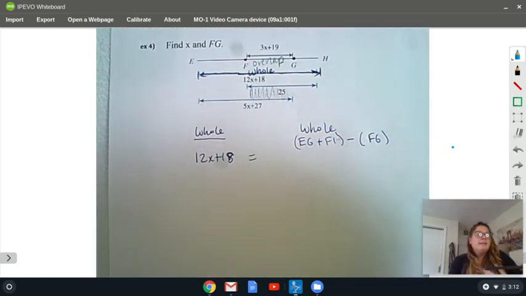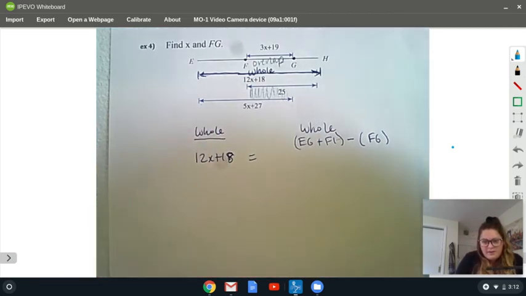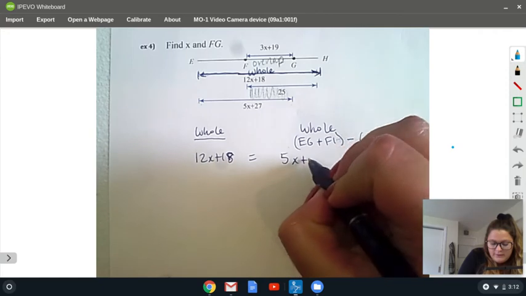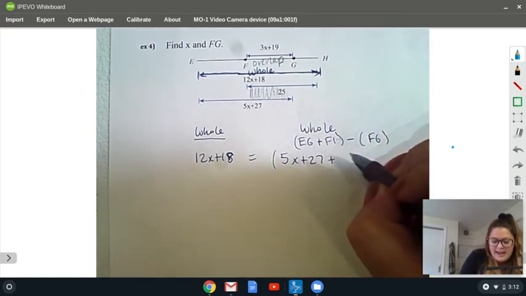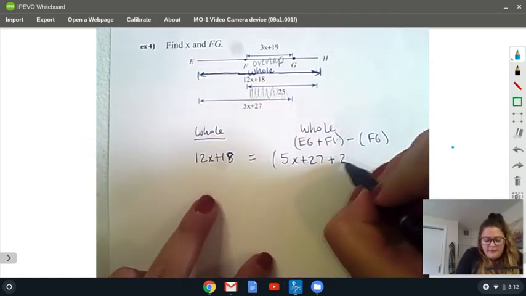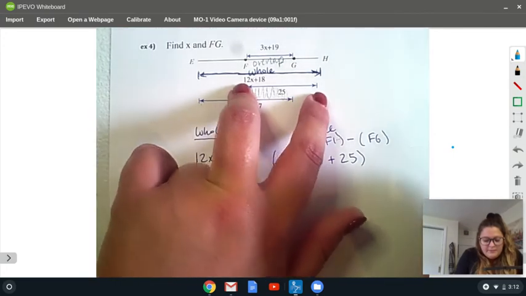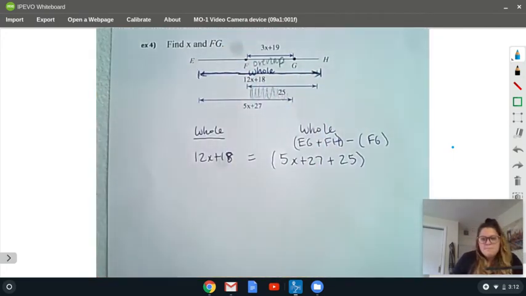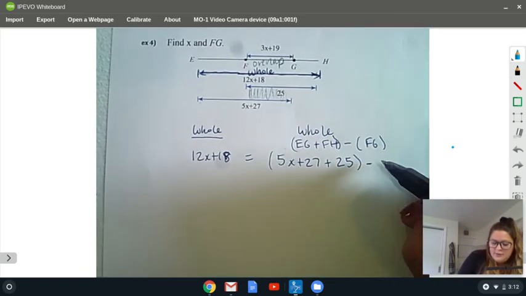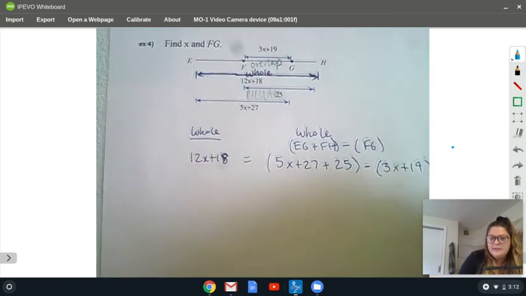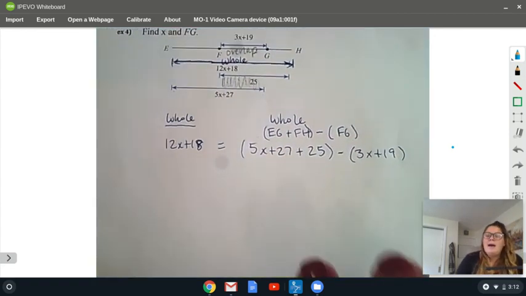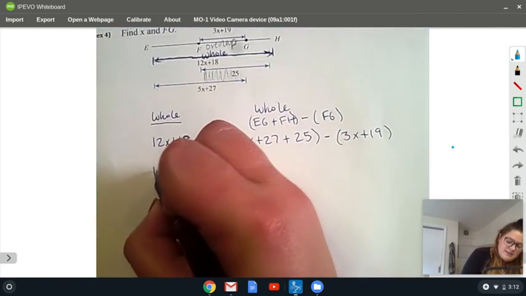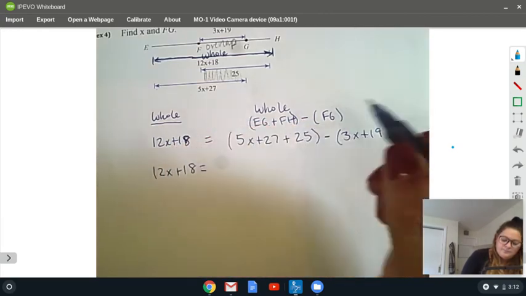Now, that's writing it in segment terms. I'm going to do it mathematically now. So EG is 5x plus 27. And I'm going to add to that 25, which is my FH. Wrong letter. FH. And then I'm going to subtract my overlap of FG, 3x plus 19. And now I got a lot of math to do on this side, so I'm going to keep this side the same, bring it down.